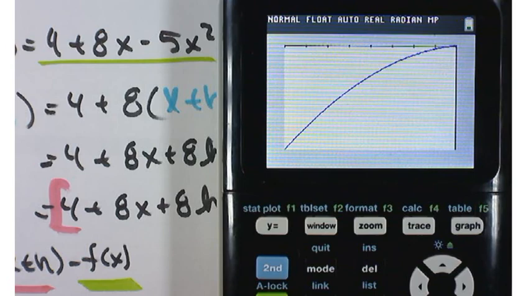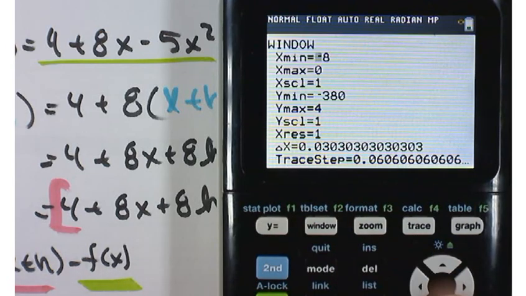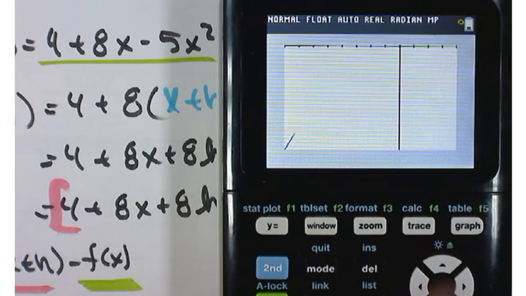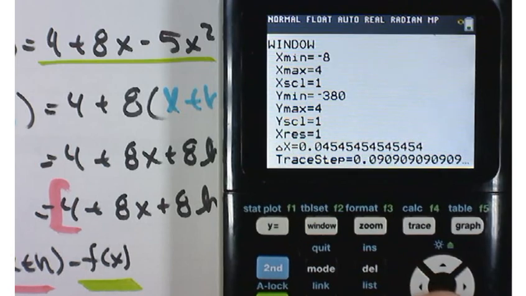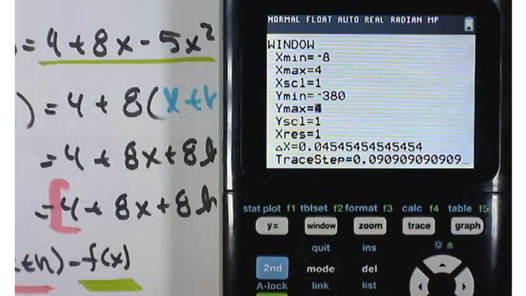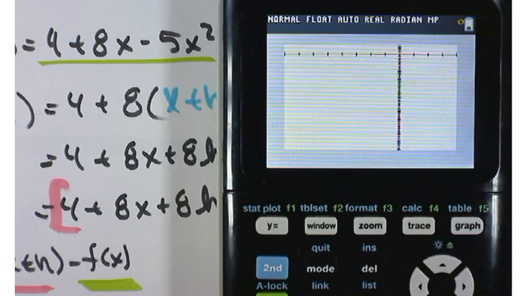It looks like I should have probably chosen a wider window. Let me go a little bit to the right of the y-axis and maybe go out to 4. My max will be 5. Let's go down to 50. There.